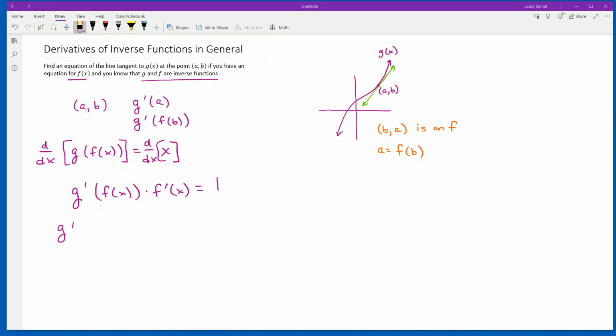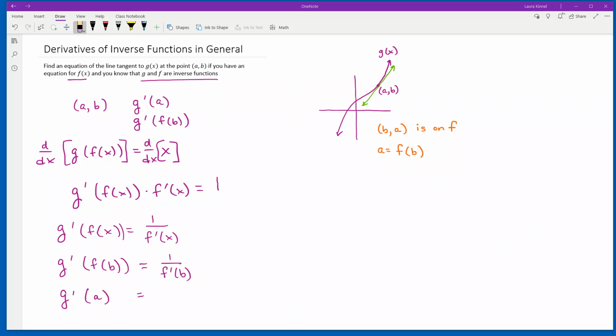So we get G prime of F of X is equal to 1 over F prime of X. So the derivative of G at F of X, that's at the output of F or the input of G, so G prime of F of b, or, as we said above, G prime of a, is equal to 1 over F prime of whatever that X was, that was b, 1 over F prime of b.